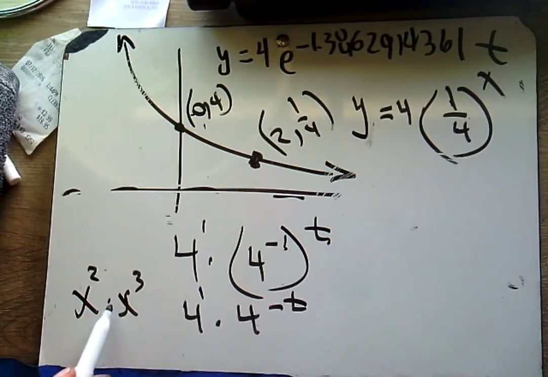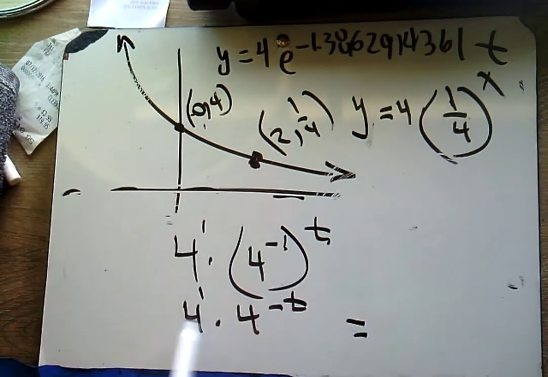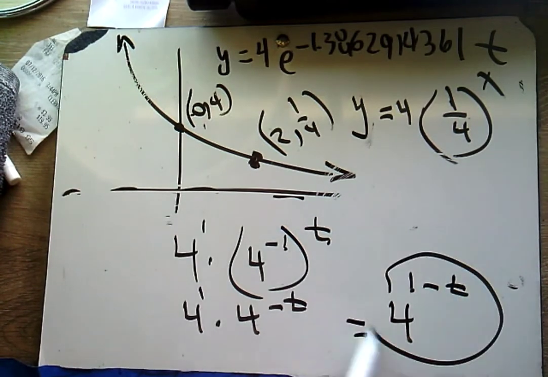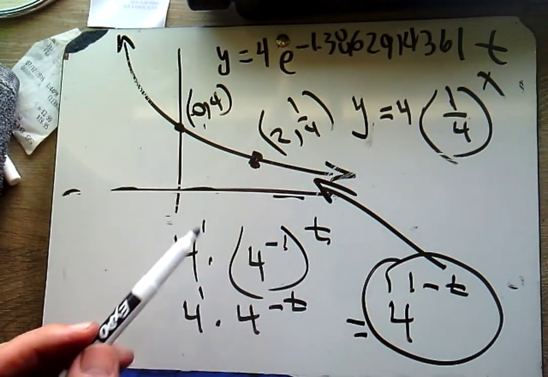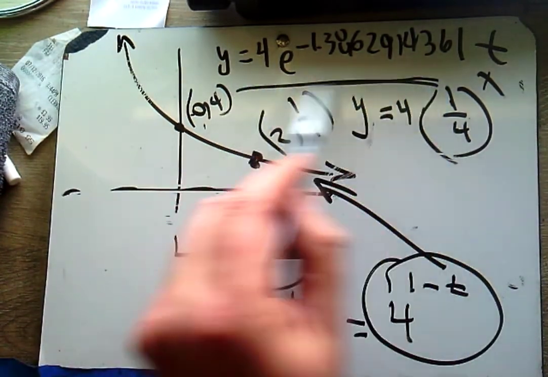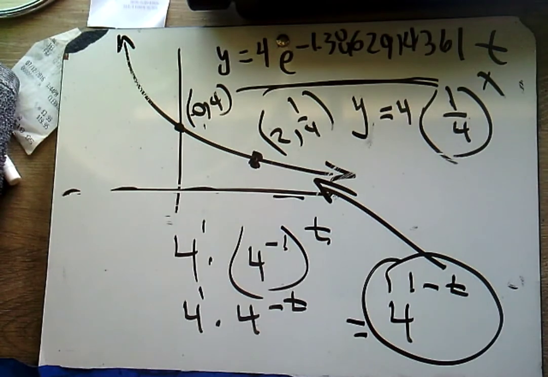Multiplying, the bases are the same, I add the exponents. And so this could end up being 4 to the 1 minus x. That's this. And that's pretty fast and easy. And, ooh, so much less labor intensive. And I didn't need a calculator for this. I definitely needed a calculator for that.